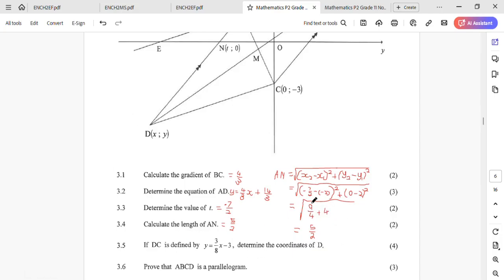Okay, let me confirm. Now we have minus 7 over 2.